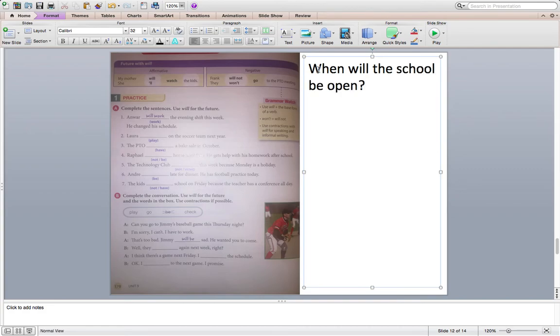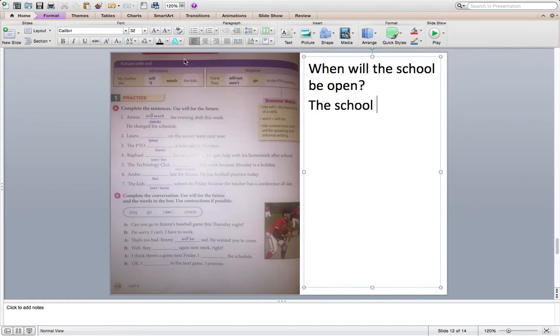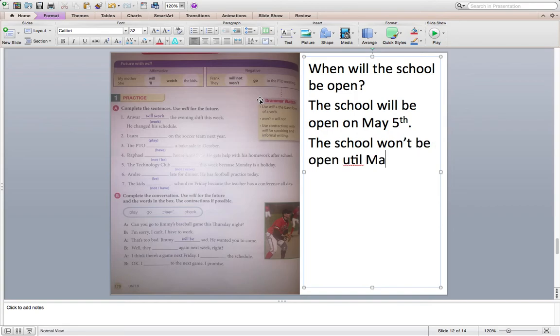Well, as of right now, we can answer, the school will be open on May 5th. And you can also do the negative. The school won't be open until May 5th. So that's two different ways so you can see how we use will and will not, which turns into won't.